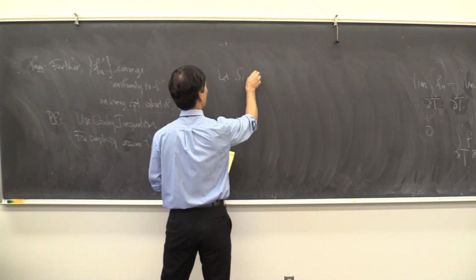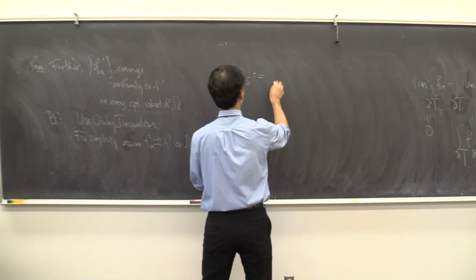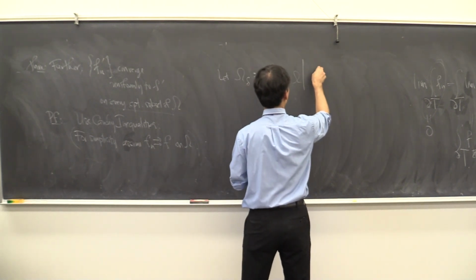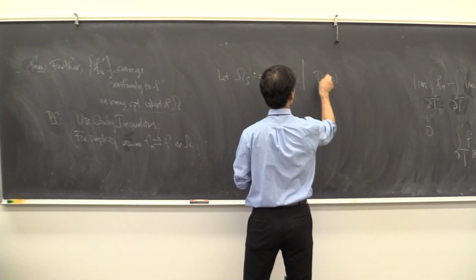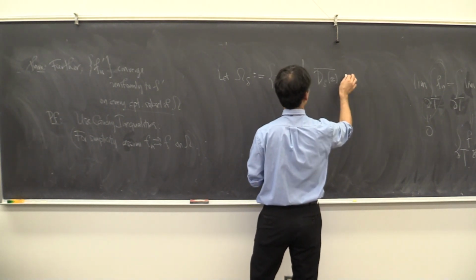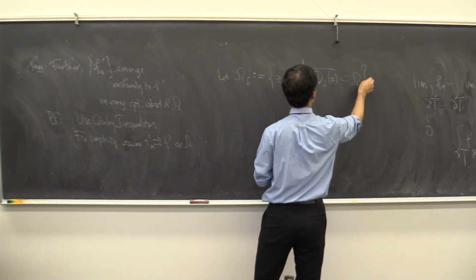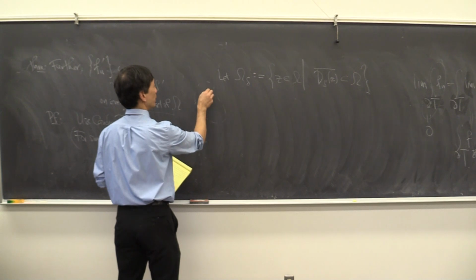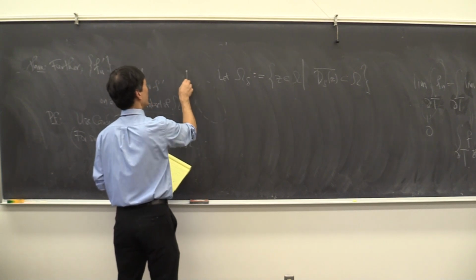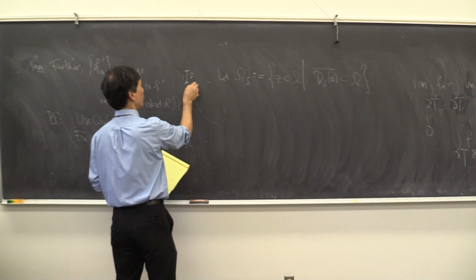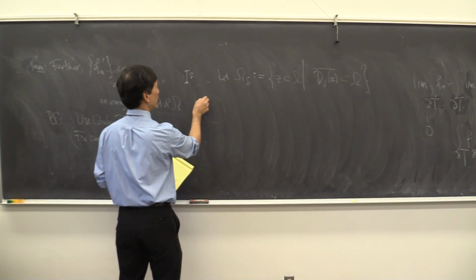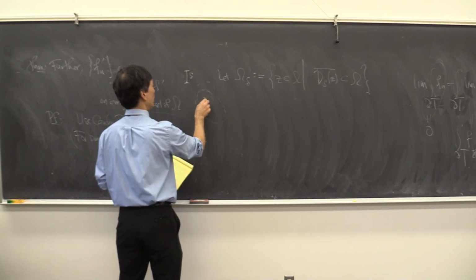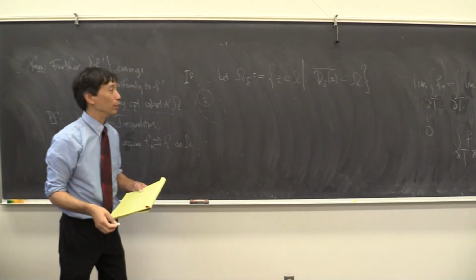Let omega delta denote all the points in omega such that the closed delta disk around that point is contained in omega. So you fix some length delta, and then you look at all the points for which the closed delta ball around it is actually contained in omega.